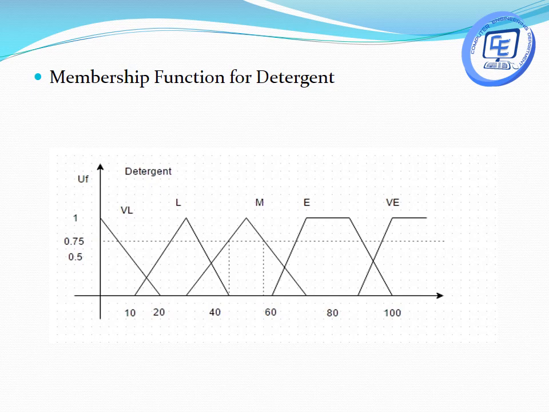The only thing to observe at this moment is that we have drawn this one particular line parallel to the x-axis which intersects at the 0.75 value of the membership function. So on the membership function from 0 to 1 we have the 0.75 value, for which we have drawn one particular line parallel to the x-axis.